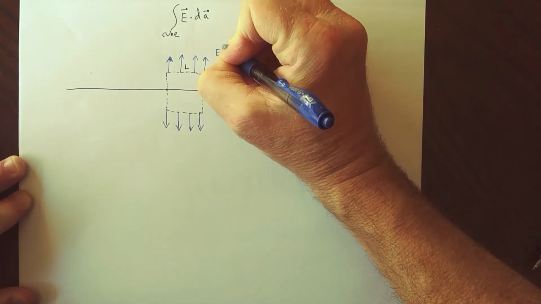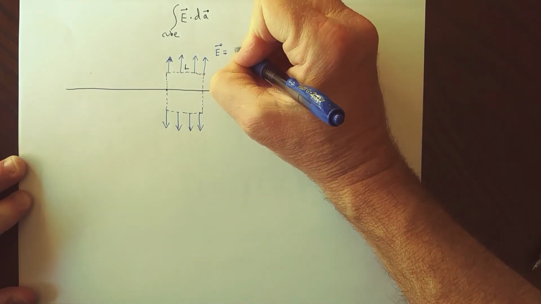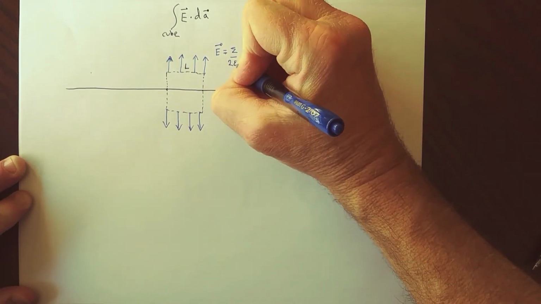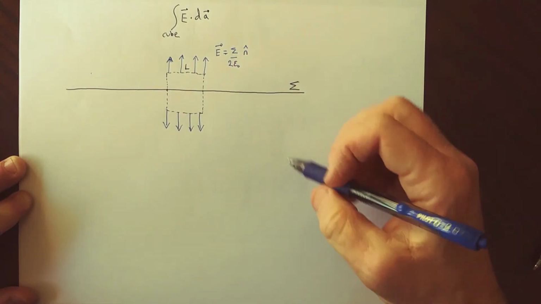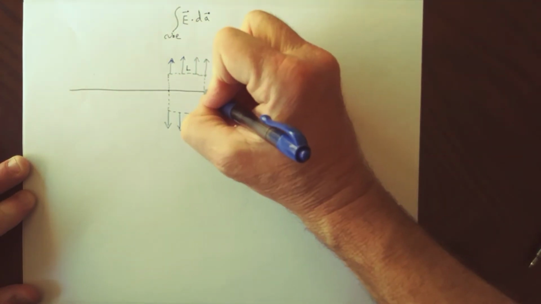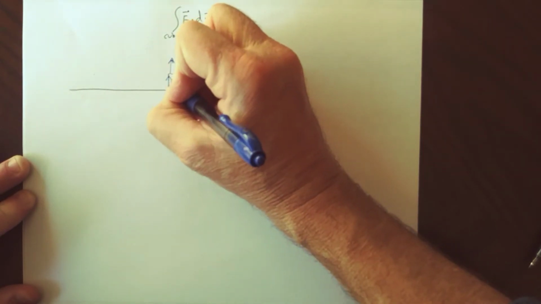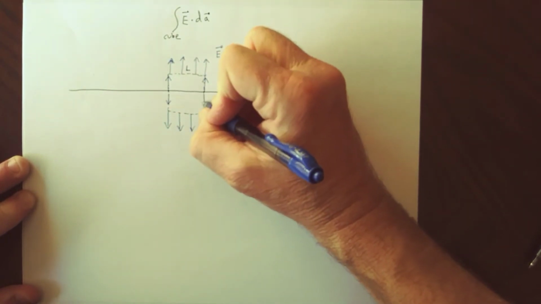The electric field is normal to the surface. We calculated this to be sigma over 2 epsilon naught n hat. The n hat means it's normal, so on the sides the arrows are actually of the same length as anywhere else, and it looks something like that.